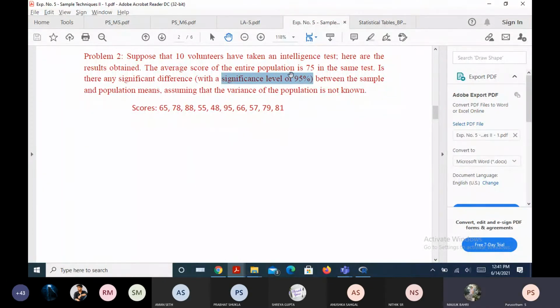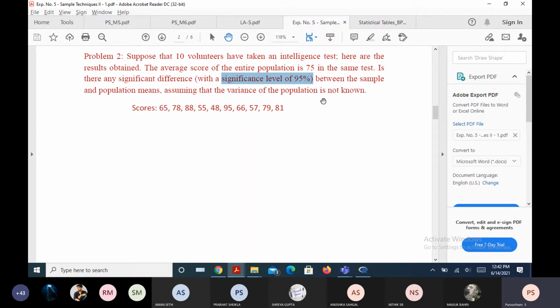So it is only 5%, not 95%. If I take a 5% significance level, its complement would be 95%. But as it is a two-tailed case, the rejection region is going to divide into both sides, 50% and 50%.